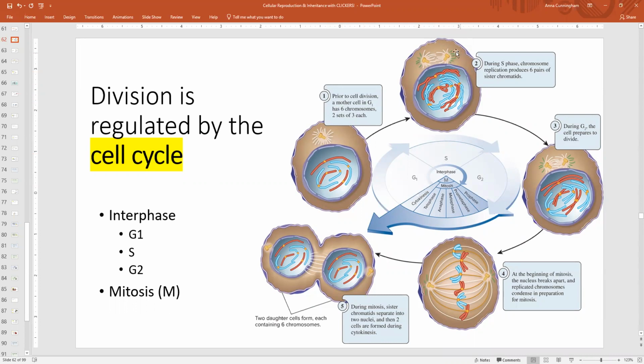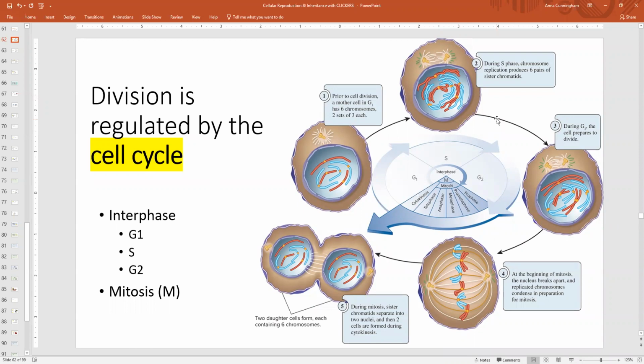So after we have duplicated DNA, we need to grow a little bit larger, right? Because if we're going to separate this DNA, we need our cell to be large enough to separate. We also, during S phase, are replicating a lot of organelles.